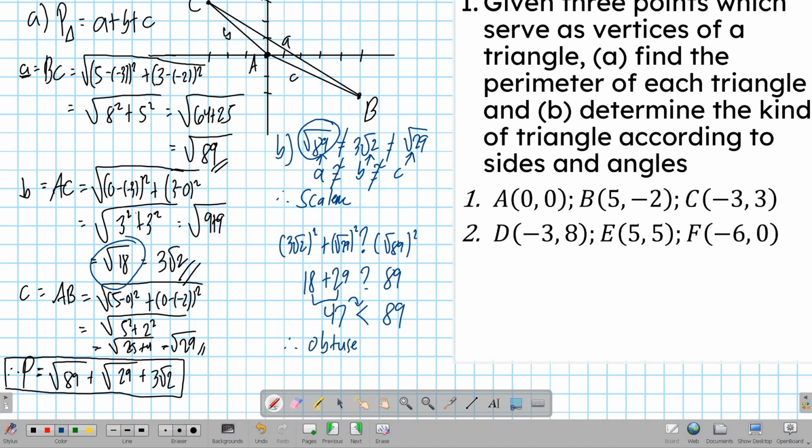Na medyo halata naman, ito ay yung angle na nandyan, mas malaki talaga sa 90 degrees. Therefore, the triangle is known to be a scalene, obtuse triangle based from the measure of its sides. So, pause this video and try to answer number 2.